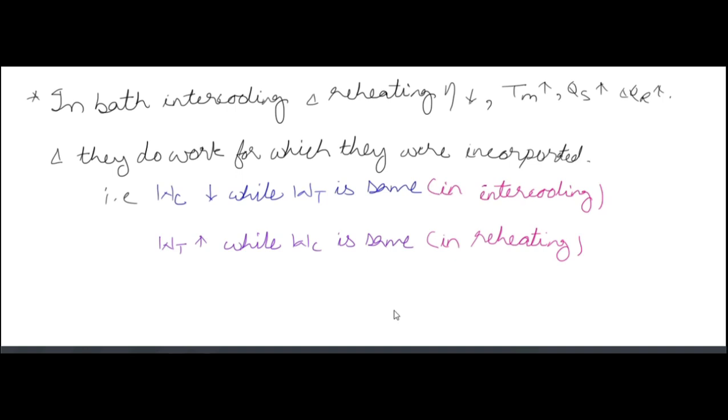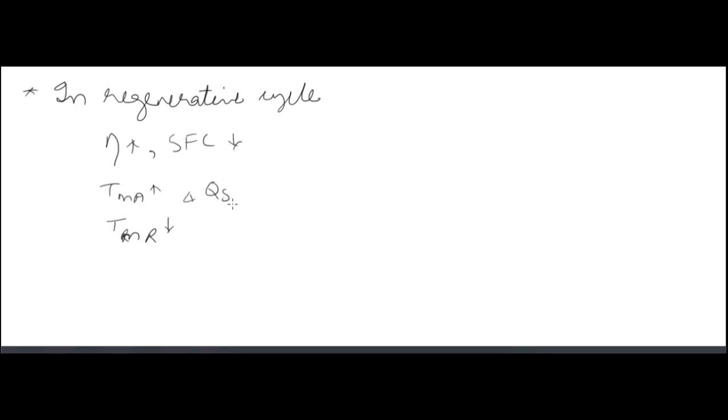In the regenerative cycle, efficiency increases, specific fuel consumption decreases, mean temperature of heat addition increases, mean temperature of heat rejection decreases, heat supply decreases, and heat rejection decreases. Means all good things. So thank you.